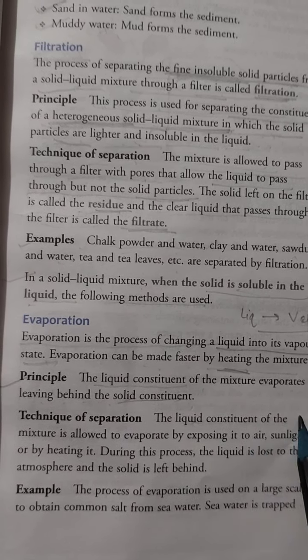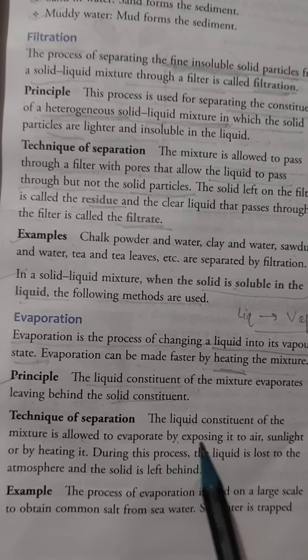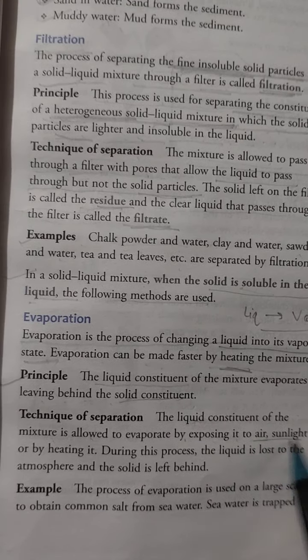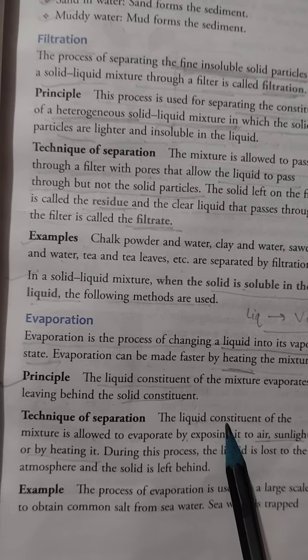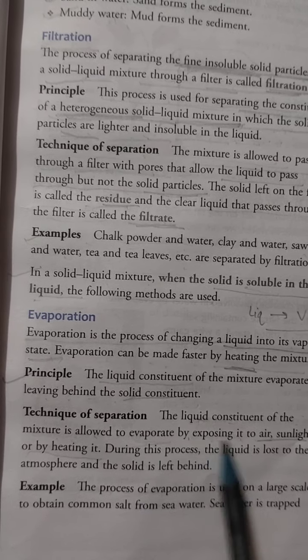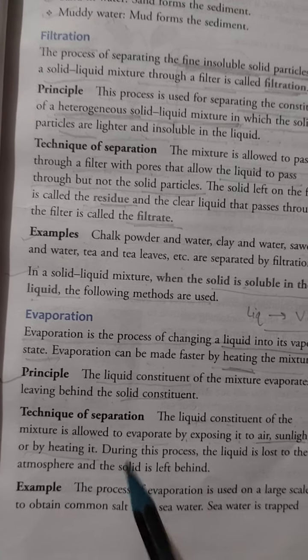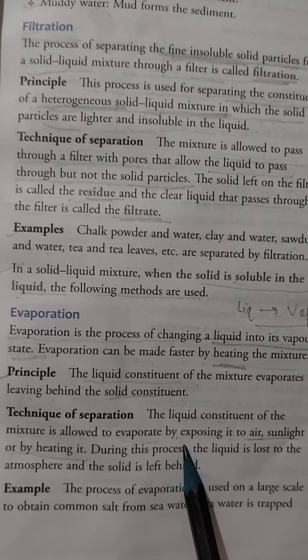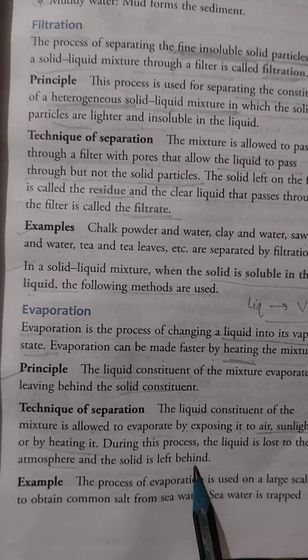The liquid constituents of the mixture is allowed to separate by exposing it to air, sunlight or by heating. What happens? जो भी लिक्विड कॉन्स्टिट्यूएंट्स है मिक्सचर का वो इवेपोरेट हो जाता है जब भी हम उसको लाइट में या एयर में या हीटिंग करते हैं उसकी, तो लिक्विड इवेपोरेट्स. During this process the liquid is lost to the atmosphere and solid is left behind.